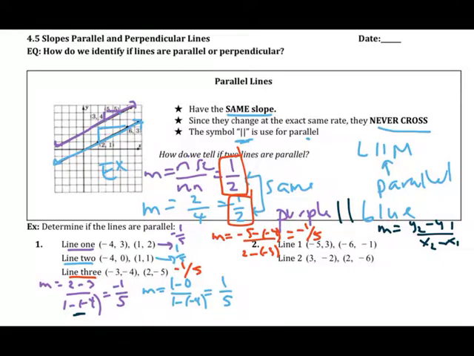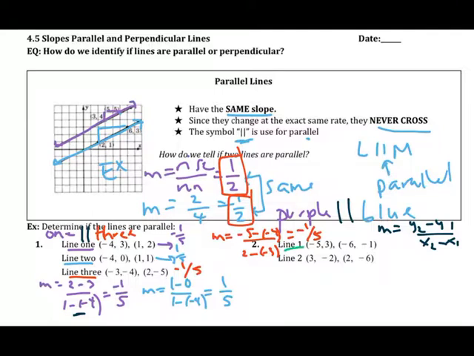For number 1, we are looking for any slopes that are exactly the same. Something to notice, they're all 1/5, but they're not all exactly the same because they all aren't negative. So only the two that are exactly the same are parallel. So we can say that line 1 is parallel to line 3. They are both -1/5.